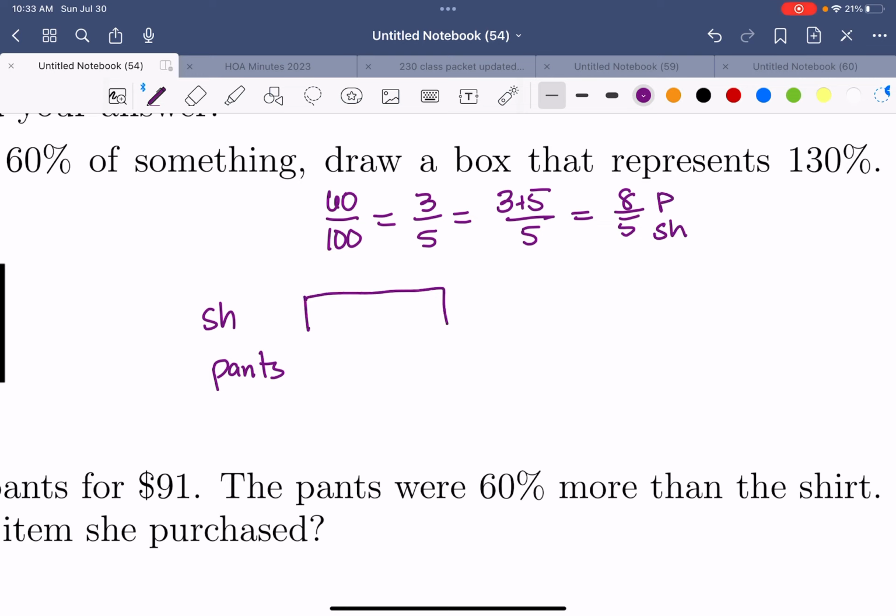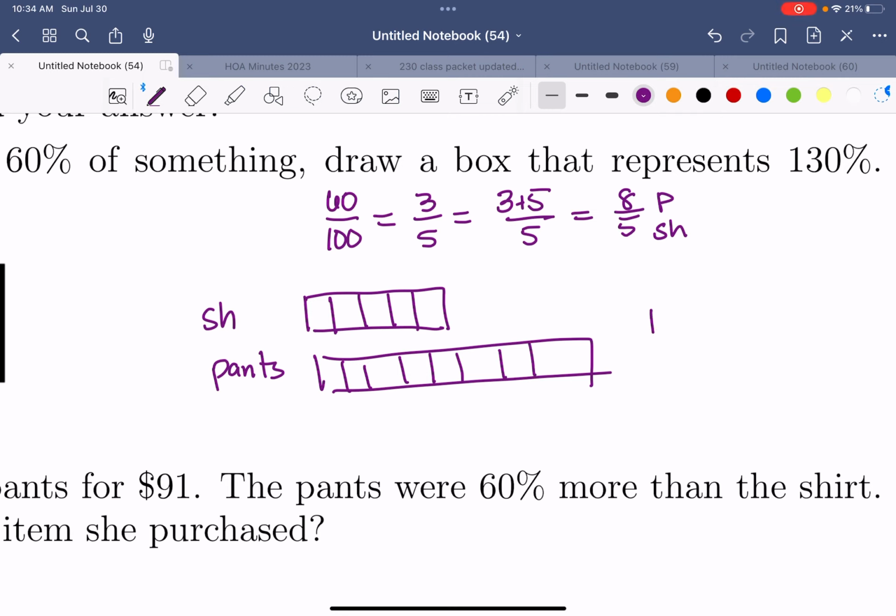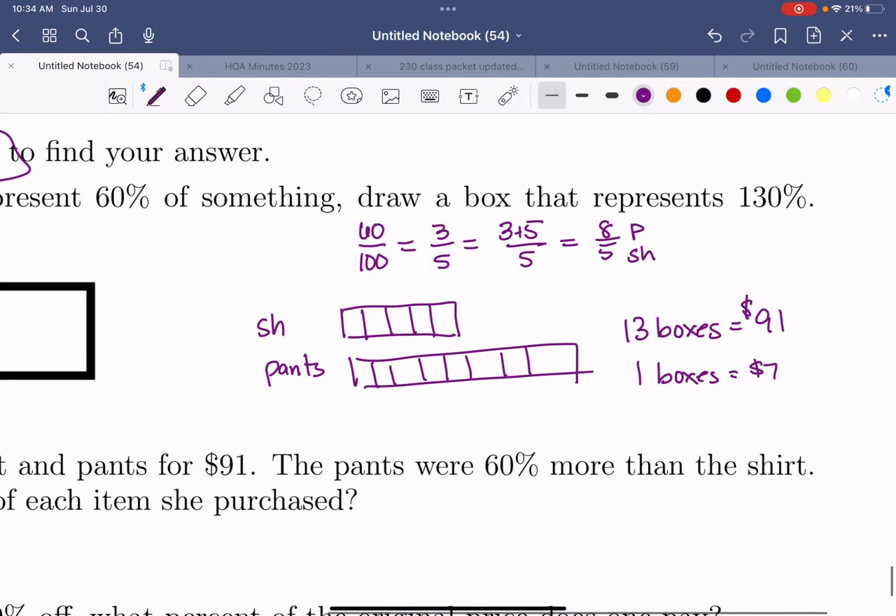So we get 5 boxes for shirt and 8 boxes for pants. And then you have 13 boxes equals $91, which makes a lot more sense because it goes evenly and it gives you 7. So each box is $7, and you can calculate from there. So that's where all the boxes come from.